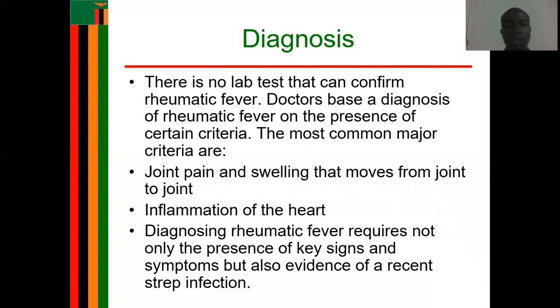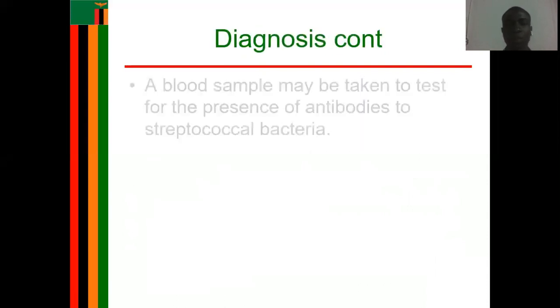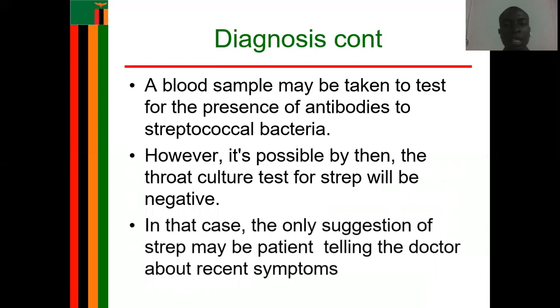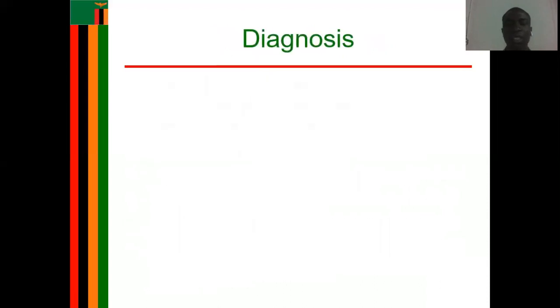Diagnosing rheumatic fever requires the presence of the key signs and symptoms along with evidence of streptococcus. A blood sample can be collected and tested for antibodies to streptococcal bacteria, if possible. The throat swab for strep may be negative. In some cases, the only suggestion of strep may be the patient telling the doctor about recent symptoms.